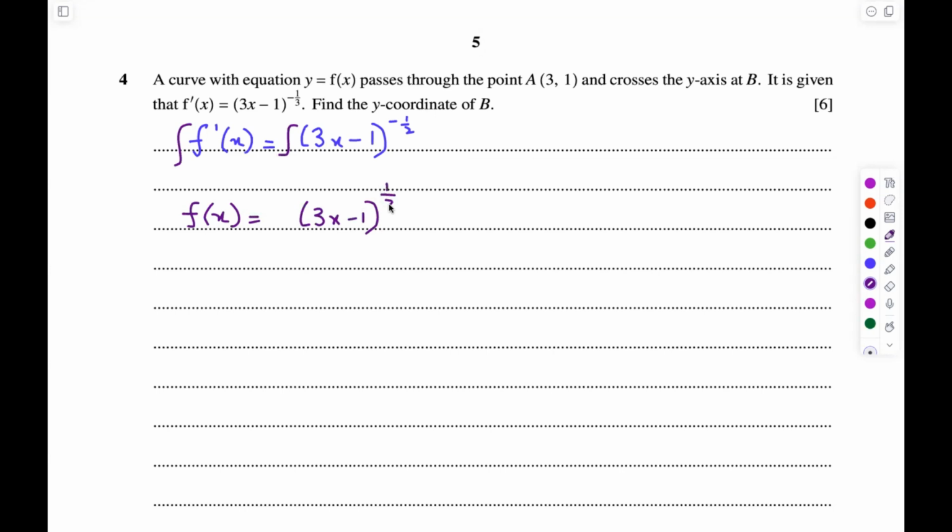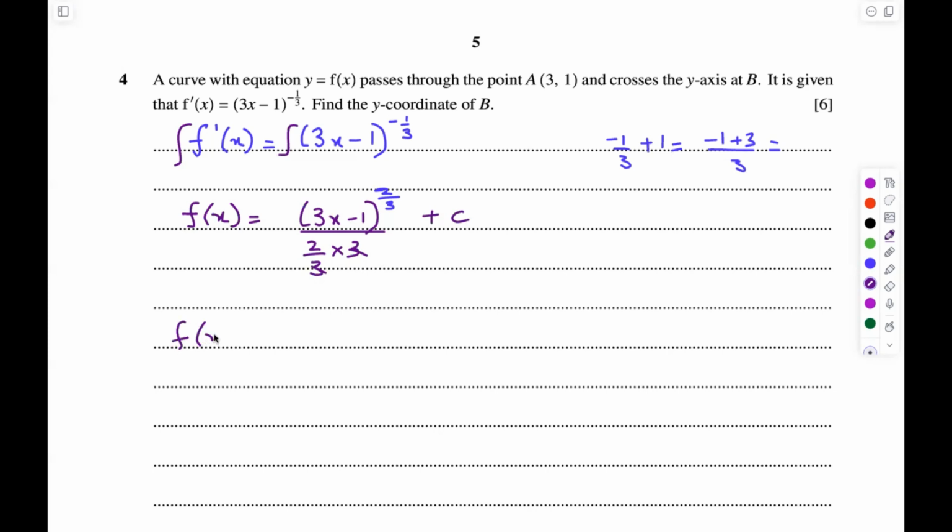Minus 1 upon 3 plus 1 is equal to minus 1 plus 3 upon 3, which is 2 upon 3. So this power will become 2 upon 3, and we'll divide it by the new power, which is 2 upon 3, and also by the derivative of 3x minus 1, which is 3. So this will cancel out, and we'll add a plus c.